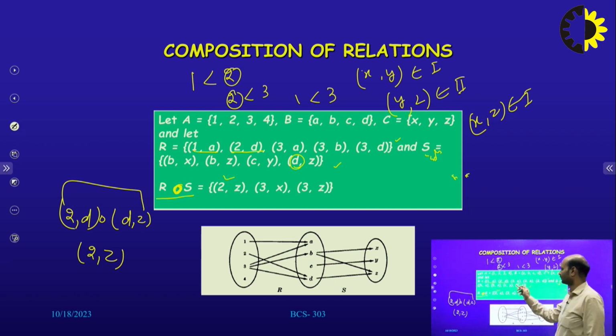Then the next ordered pair is (3, A). Again there is no ordered pair starting with A, so we cannot compose it with any pair in S. So we take (3, B).